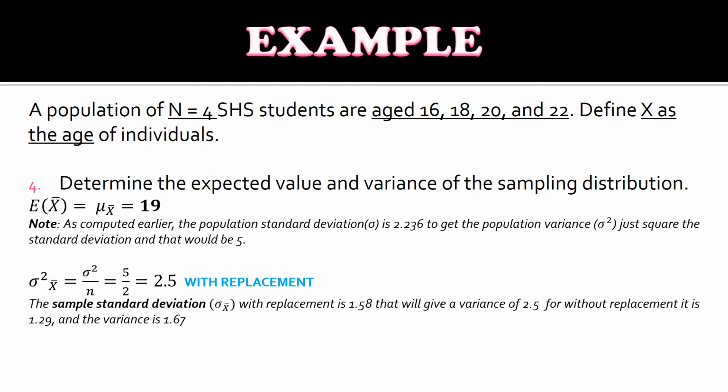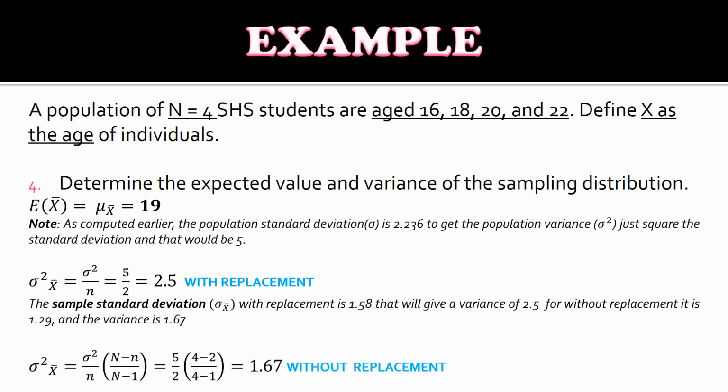For without replacement, it is 1.29 as we computed from the previous numbers. It will give us a variance of 1.67 if we square 1.29. But just to use the formula, the variance of the sample equals the variance of the population divided by the sample size, multiplied by the population size minus the sample size divided by the population size minus 1.